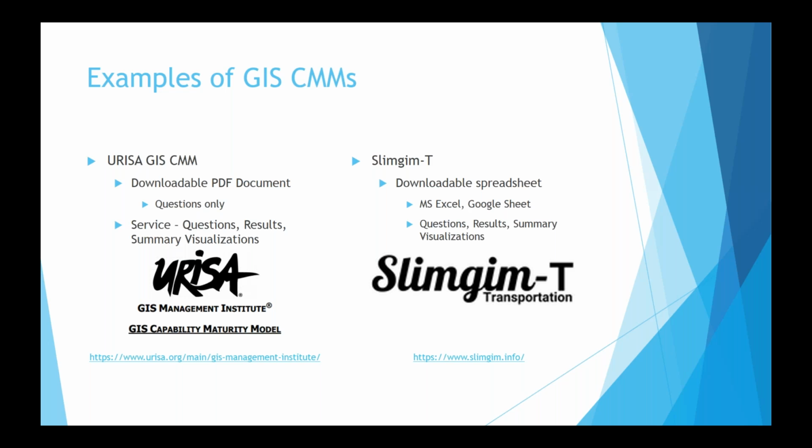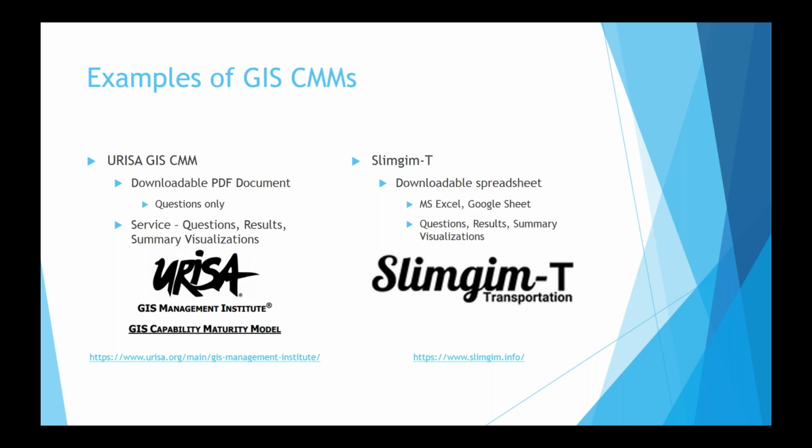The other capability maturity model for GIS that we looked at is called SlimGMT. It's essentially a downloadable spreadsheet, either in Microsoft Excel format or available as a Google Sheet. Within that spreadsheet, it has the questions, calculates the results, and puts together summary visualizations.